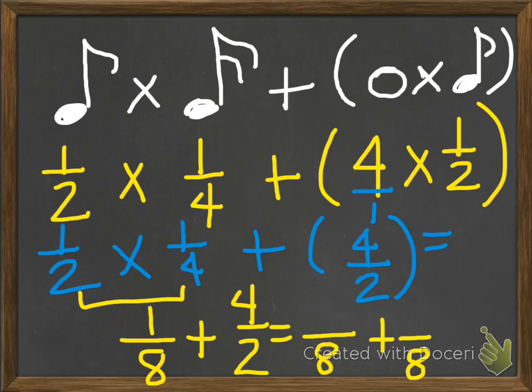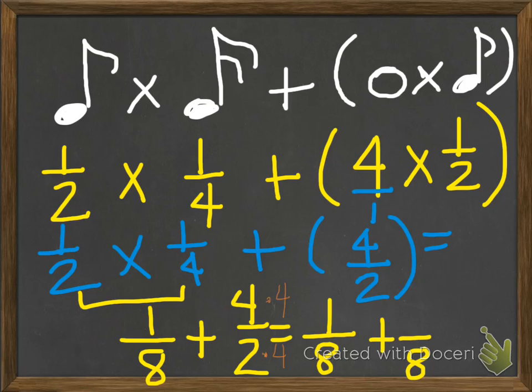Our first number already has 8 in the denominator, so I'm going to just copy it. Now, 2 times 4 gives me 8. So I have to multiply by 4 on both sides, up top and on bottom.